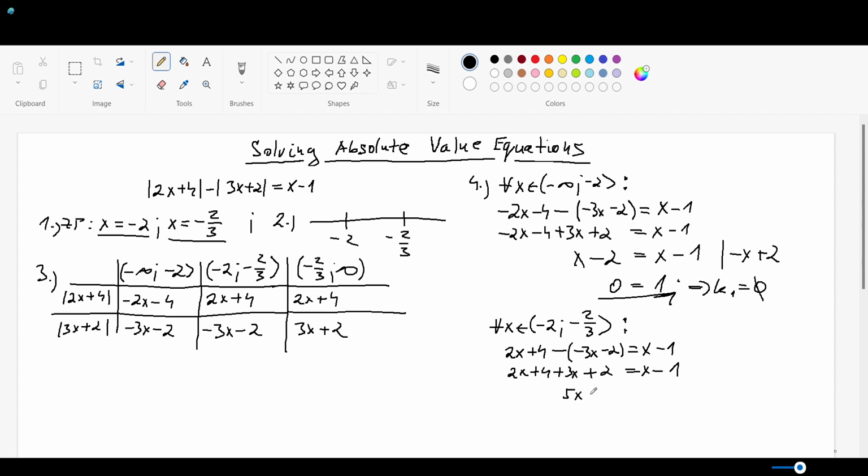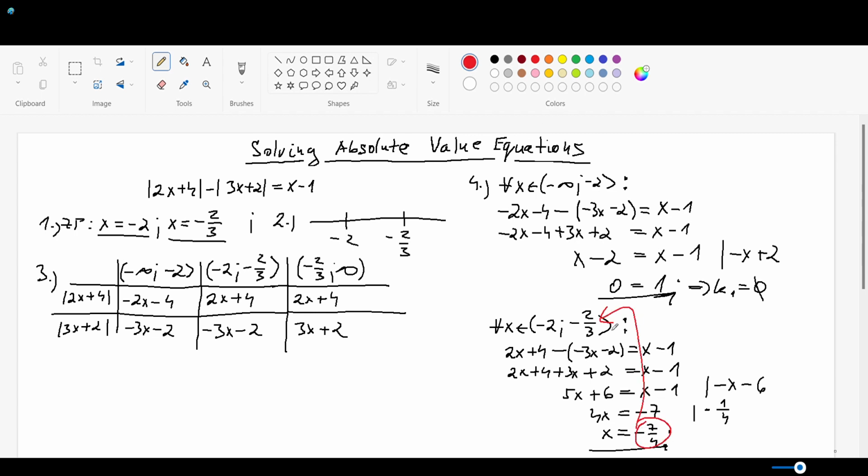So simplifying the expression on the left side, it's 5x plus 6 is equal to x minus 1. So minus x minus 6, it means 4x is equal to negative 7, which means times 1 over 4, x is equal to negative 7 over 4.